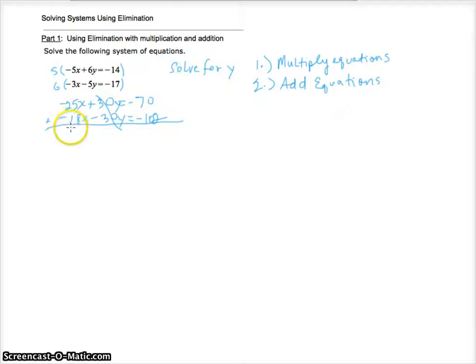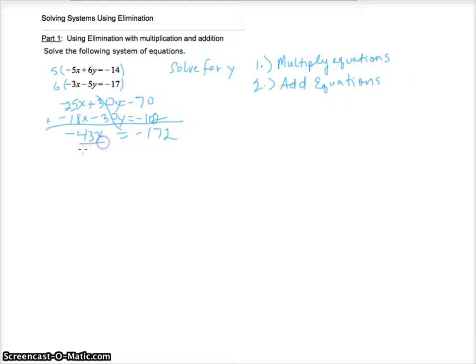So negative 18 plus negative 25 gives me negative 43x equals, and when I add these together, I made a mistake here. I need to re-add these. This is negative 70 plus negative 102, so it's going to be negative 172.